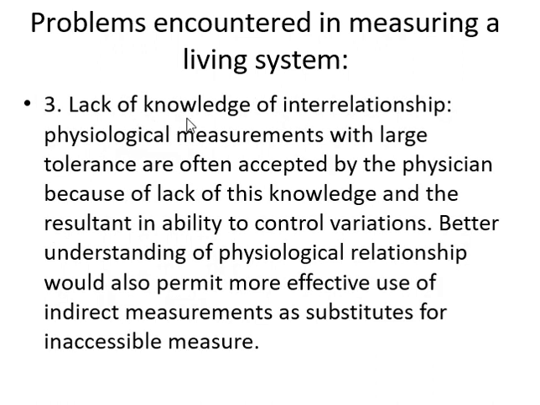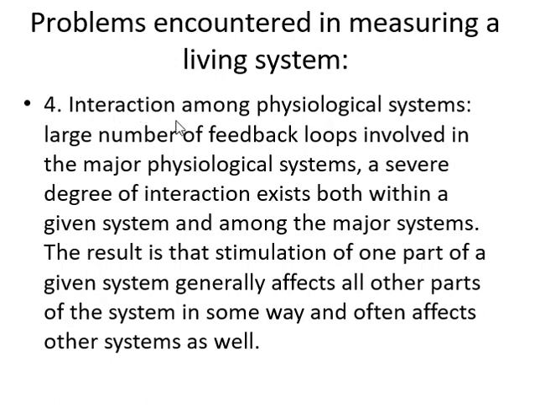And the third problem is lack of knowledge of interrelationships. Physiological measurements with a large tolerance are often accepted by the physician because of lack of this knowledge, and the result is inability to control variance. Better understanding of physiological relationships would also permit more effective use of indirect measurement as a substitute for inaccessible measurement.